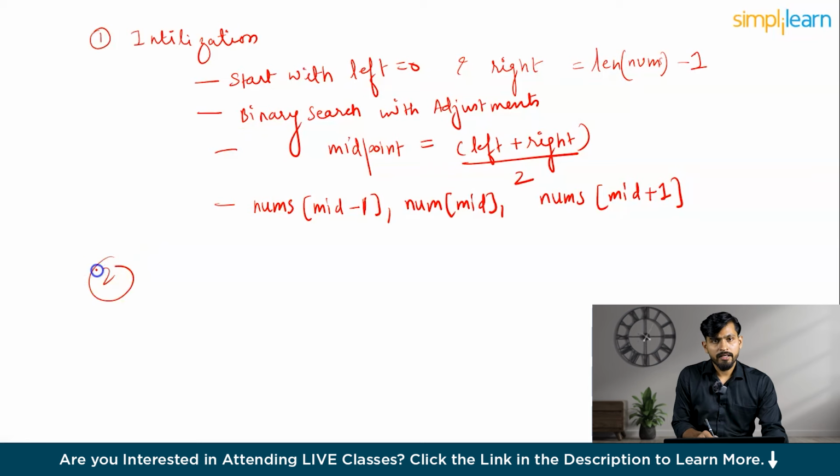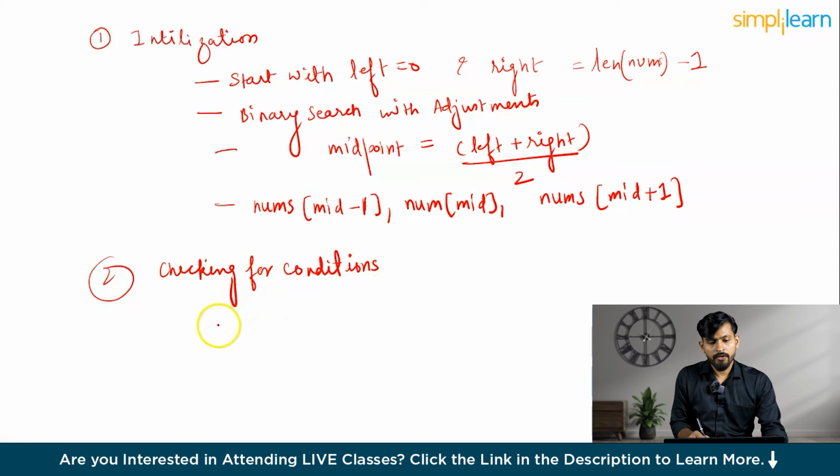What will be the next step? The next step would be checking for conditions. Now, here we are going to say if nums of mid is equal to target, then I will return the index.